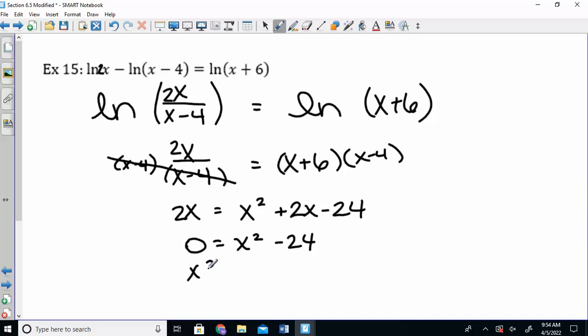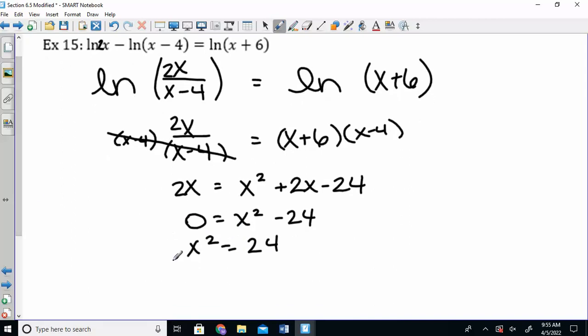Okay. And then to get rid of a square, we add a square root, plus and minus. This doesn't work out perfectly, but we could break it up. 24 would break into a 4 and a 6, so that's plus and minus 2 radical 6.